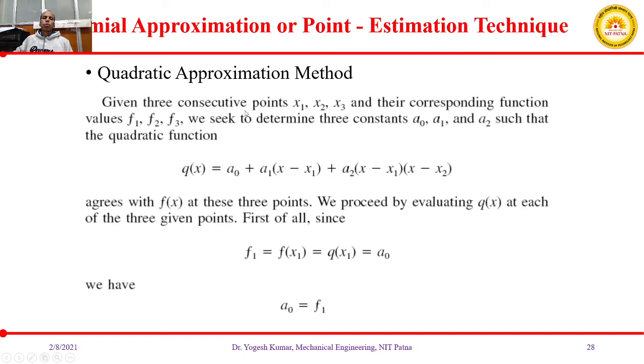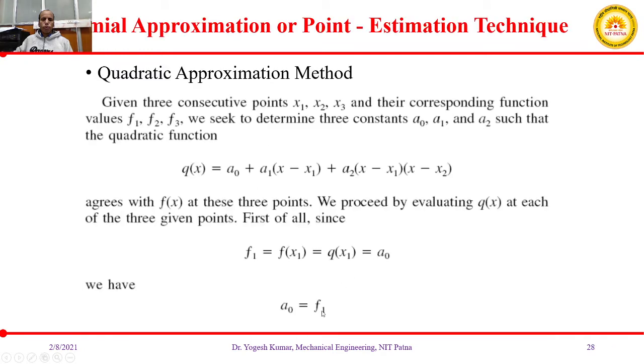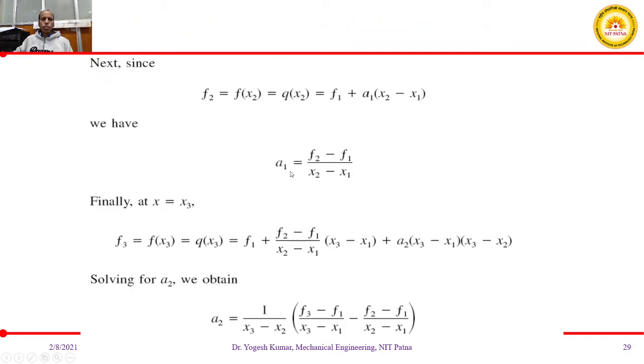Your a0 was equal to f1, your a1 was f2 minus f1 upon x2 minus x1, and your a2 was 1 upon x3 minus x2, times f3 minus f1 upon x3 minus x1 minus f2 minus f1 upon x2 minus x1.